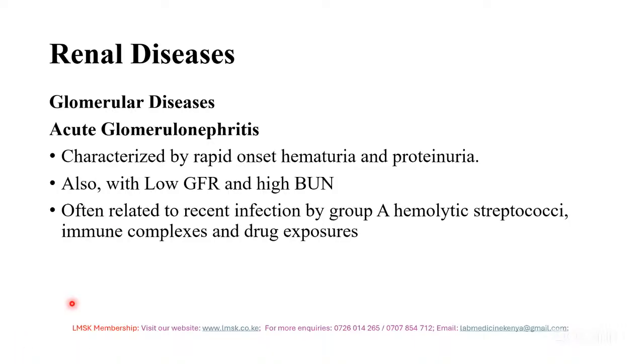And also now, this one is characterized by low GFR or glomerular filtration rate and high blood urea nitrogen. So it's often related to recent infections by group A hemolytic streptococci, and immune complexes and drug exposure that are deposited in the glomerulus.